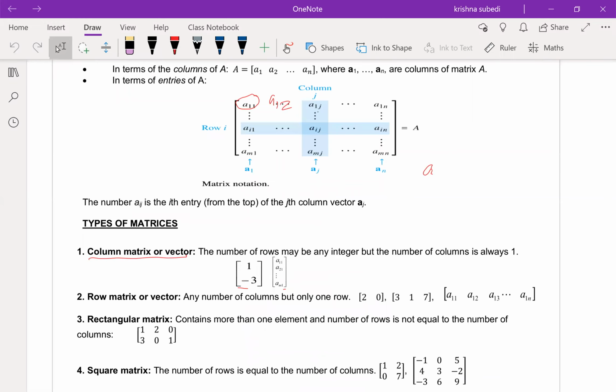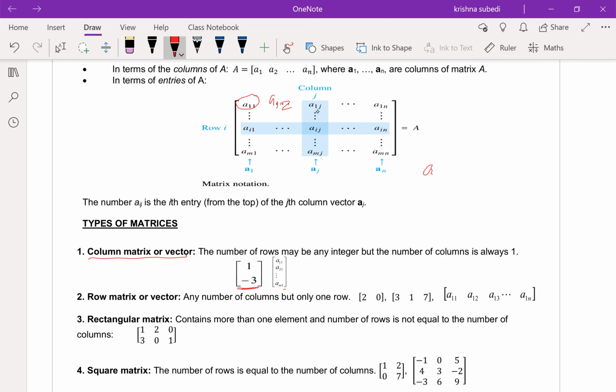Good. So let's continue. Column matrix or vector. If there is only one column, there may be different rows, maybe 2, 1, 2, 3. It could be anything, but if there is only one column, then we call it a column matrix, or we can just call it a vector.